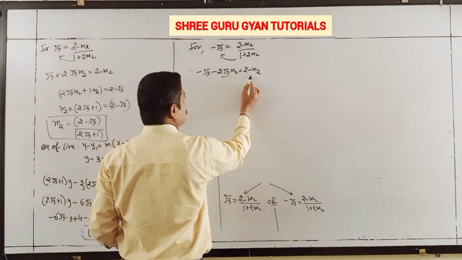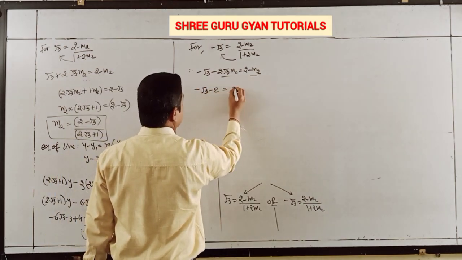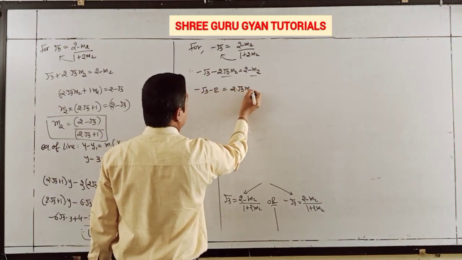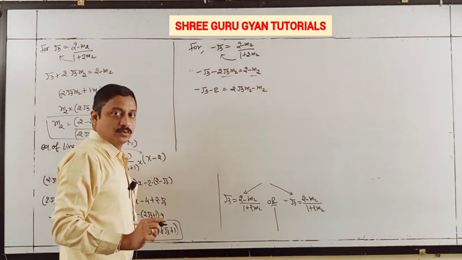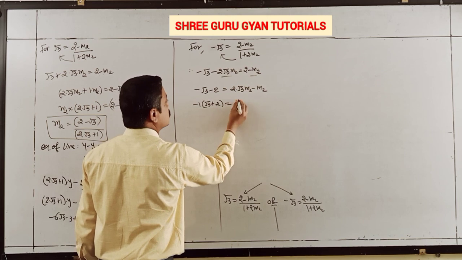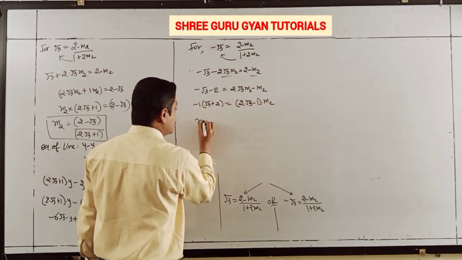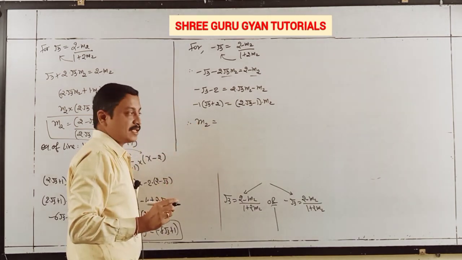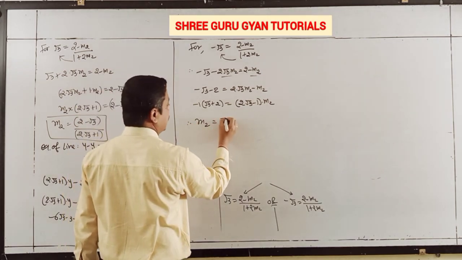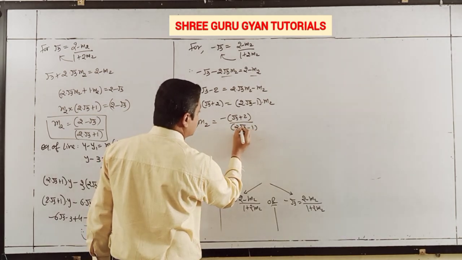Now m2 and m2 we will join. So minus root 3 minus 2, here 2 root 3 m2 minus m2. So students, my answer is minus (root 3 plus 2) equals (2 root 3 minus 1) m2. So what is m2 finally? Yes, divide that: minus (root 3 plus 2) by (2 root 3 minus 1).